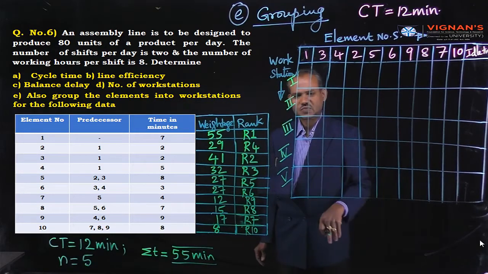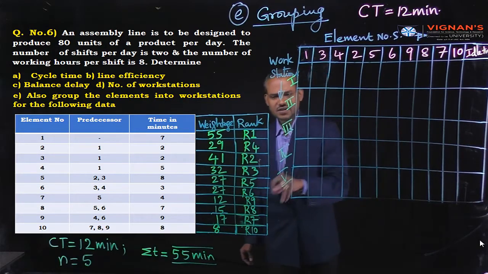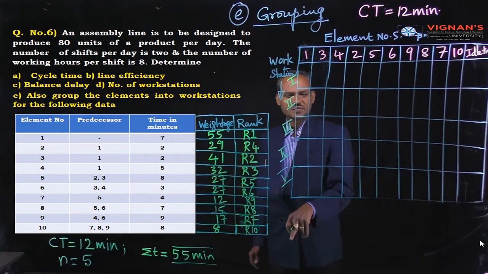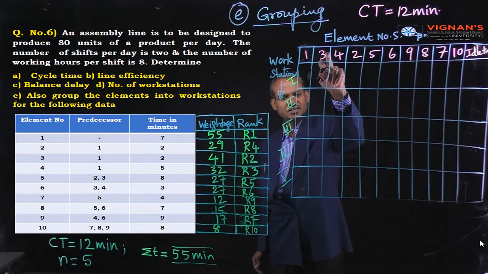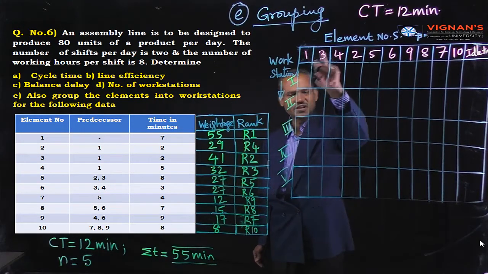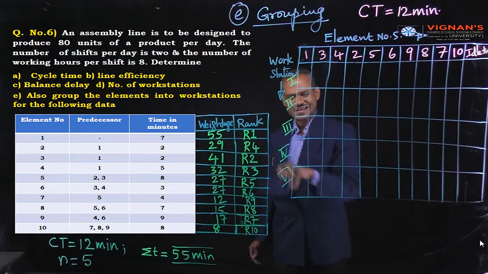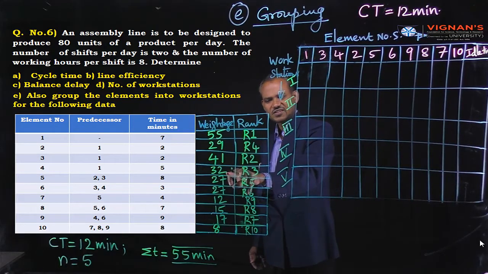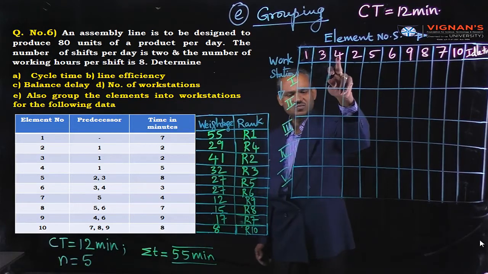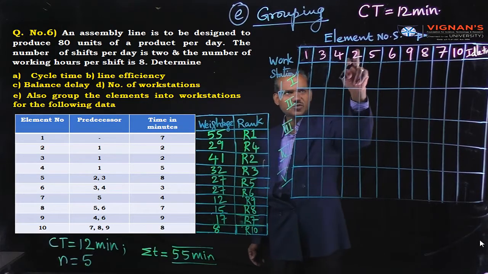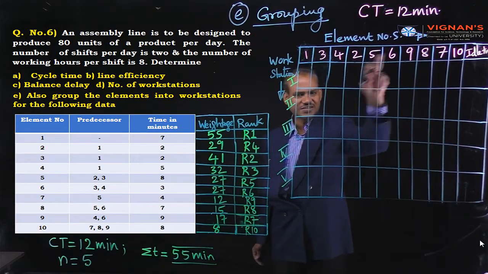Next, rank 2 is assigned to element number 3. That's why in the sequence after 1 write 3. This is for rank 2. Next, rank 3. Rank 3 is assigned to which work element? 4. That's why I have written 4. Rank 4 is assigned to work element 2. Next 5, like that.